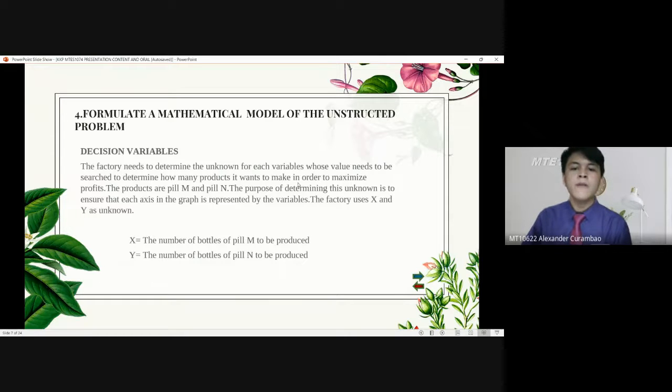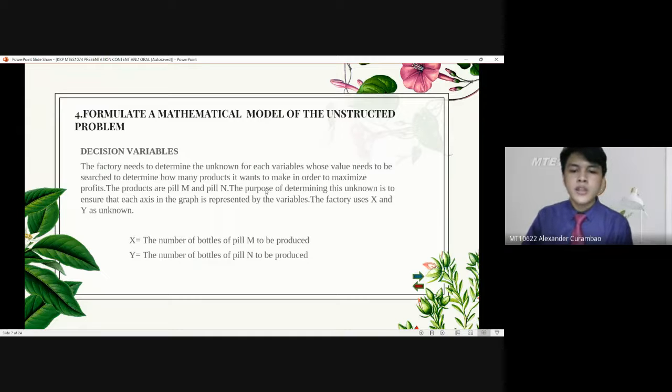Not only can we maximize the profit, we also can minimize the profit, but it does not make sense for a factory to minimize their profits. All factories or companies want to maximize their profits. So in this case, they want to find out how many products they want to produce so that they can maximize the profits. So this is the purpose of finding the variables.